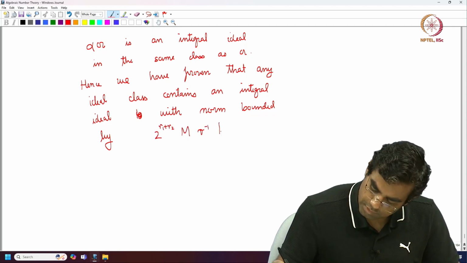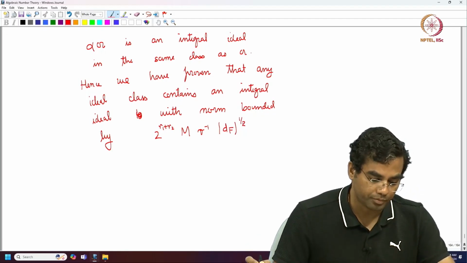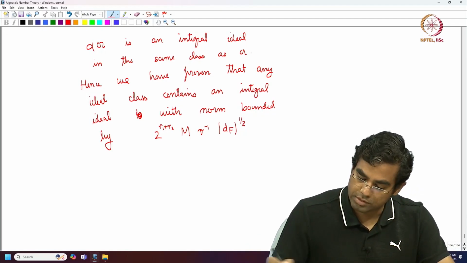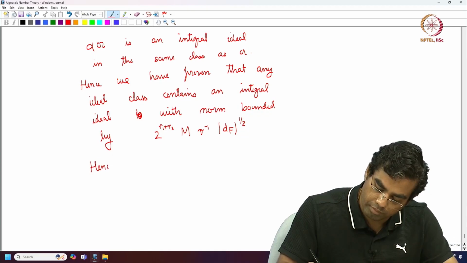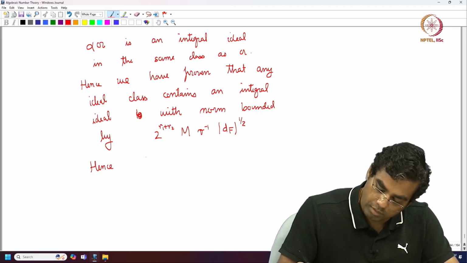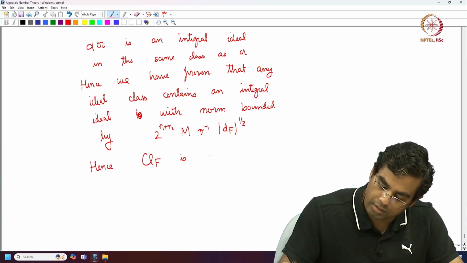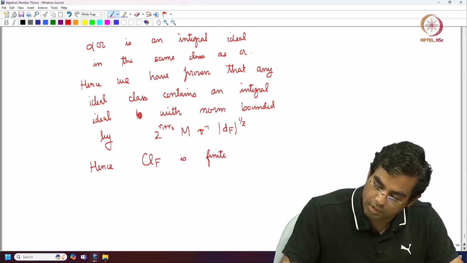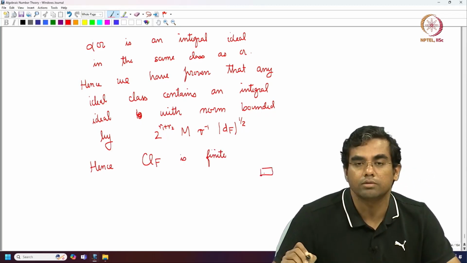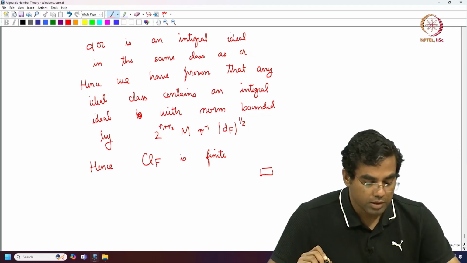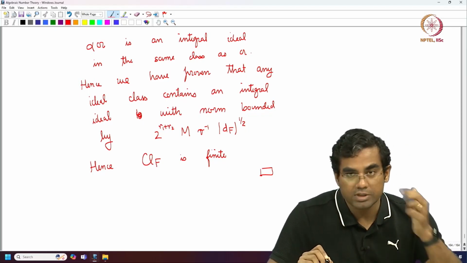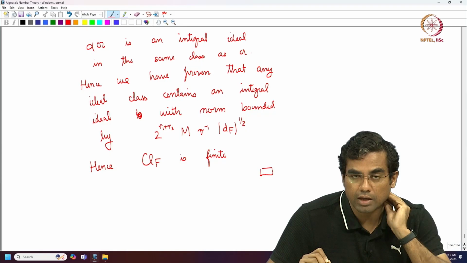So, V inverse, okay, all right, and so hence the class group Cl(F) is finite. Okay. So, the last part is the same as the one with heights. So, this gives us another proof of finiteness of the class group.